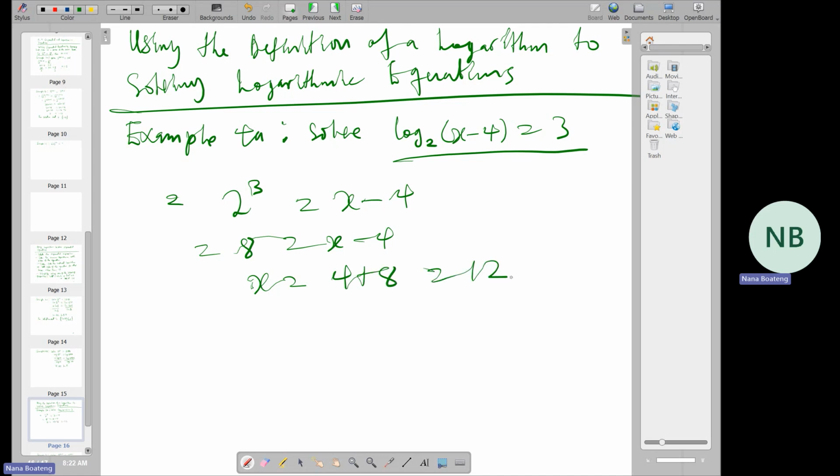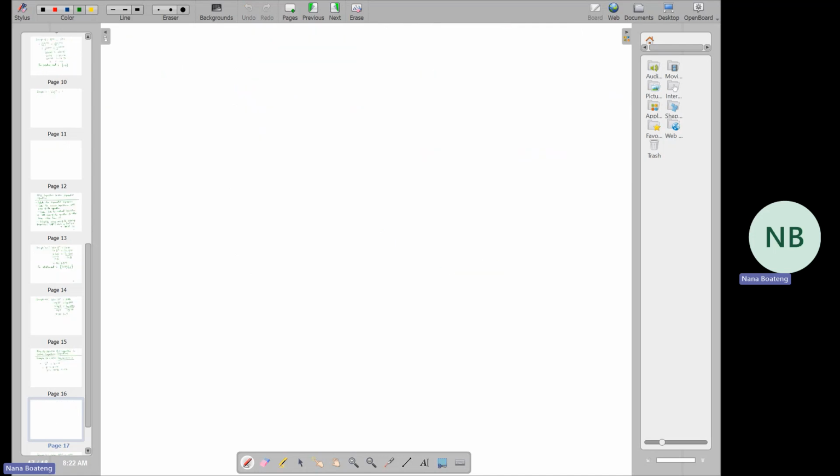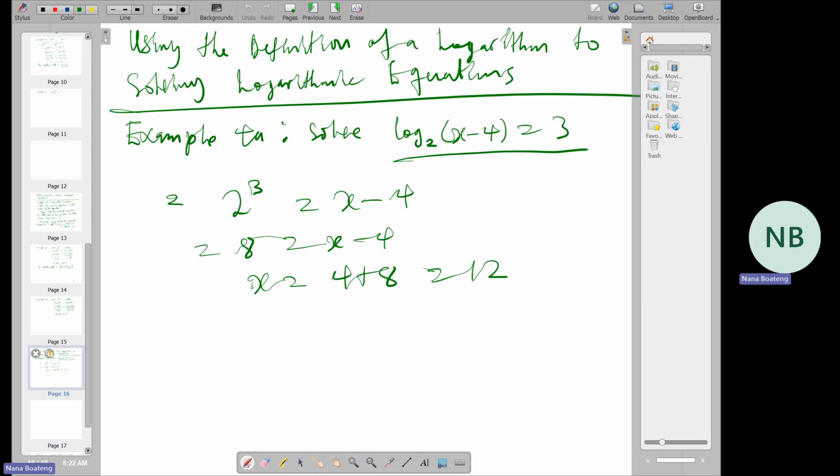Okay, so let's look at another example, and we can check if our answer is right or wrong by doing this. So let's do a check. So a check will be log base 2 of, we say x is 12, so 12 minus 4 is equal to 3.